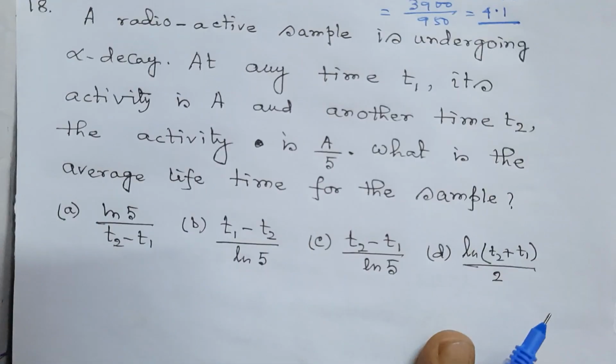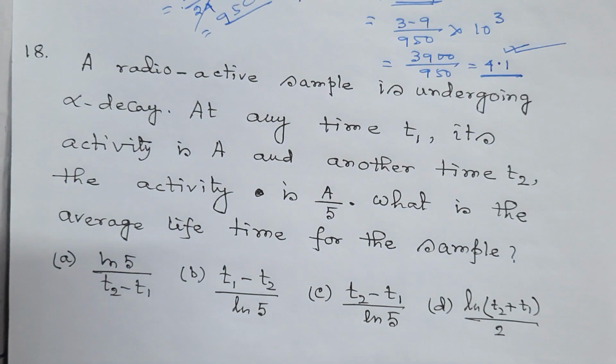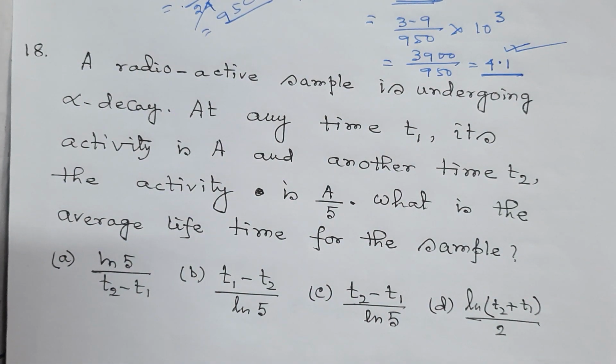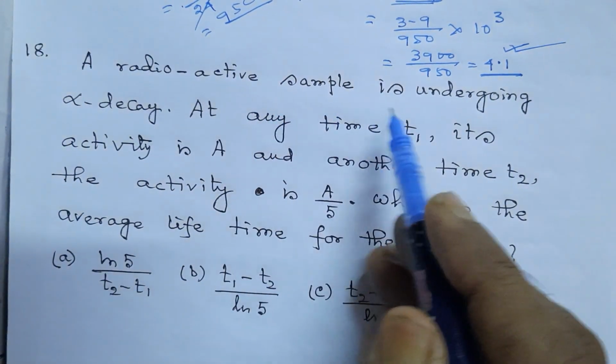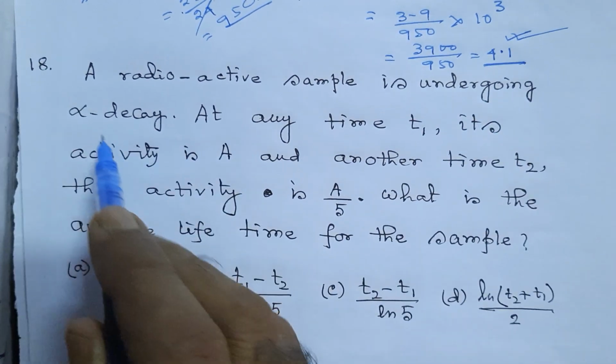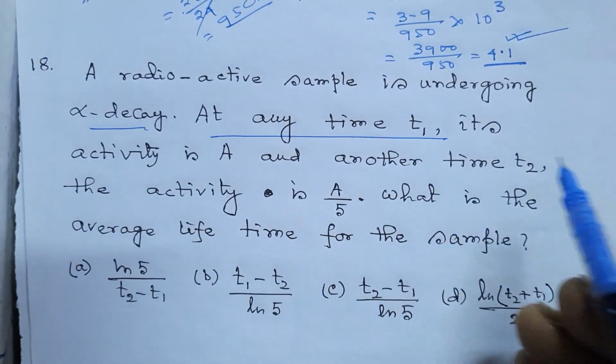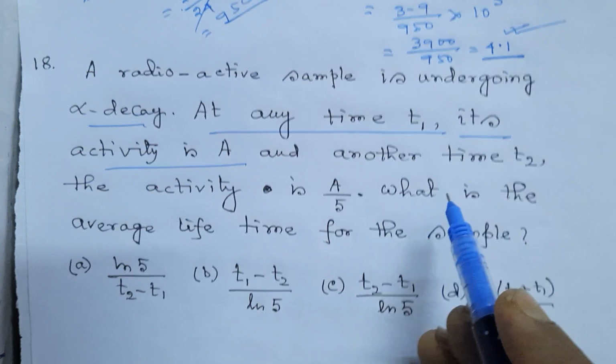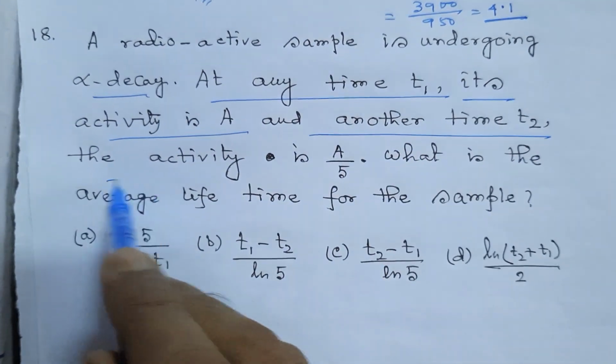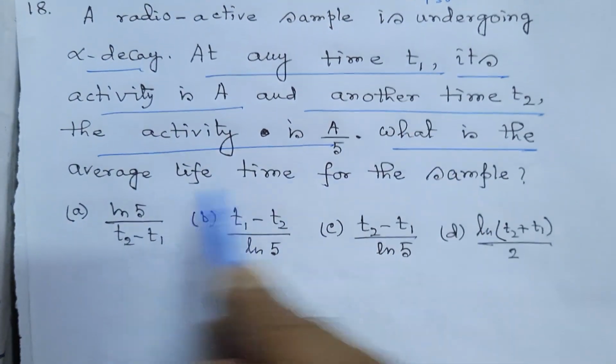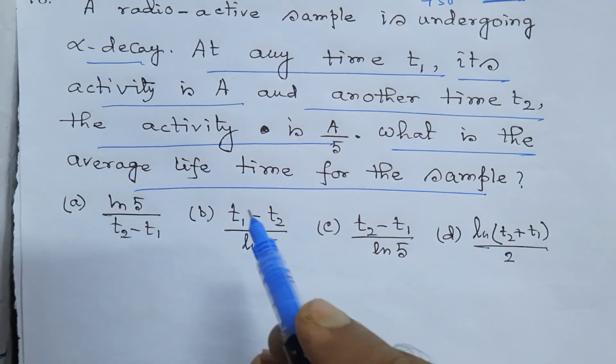Let us see question number 18 now. In question number 18, a radioactive sample is undergoing alpha decay. At any time T1, its activity is A, and at another time T2, the activity is A by 5. What is the average life of the sample?